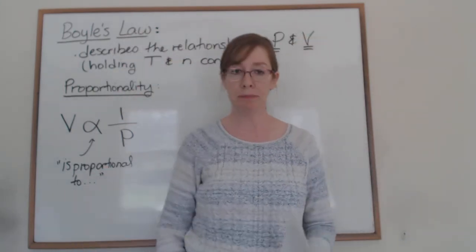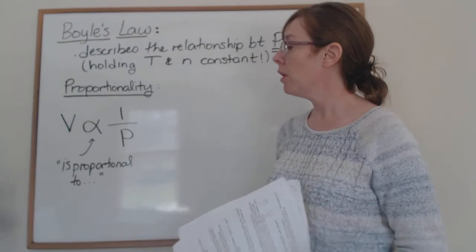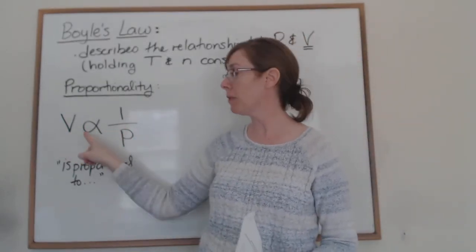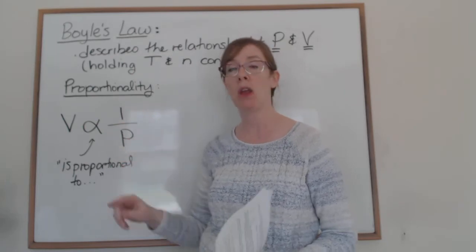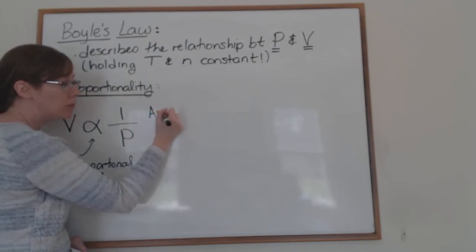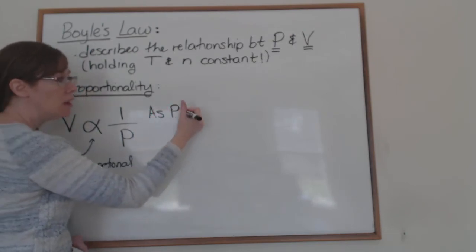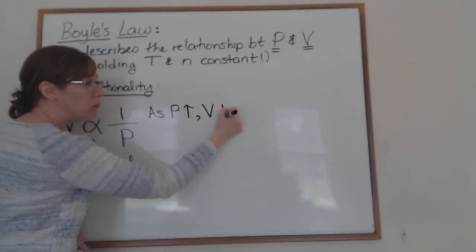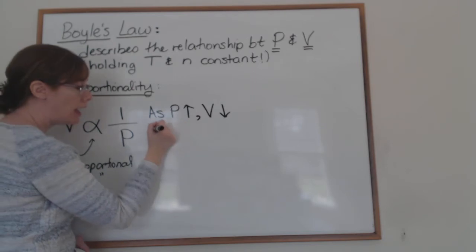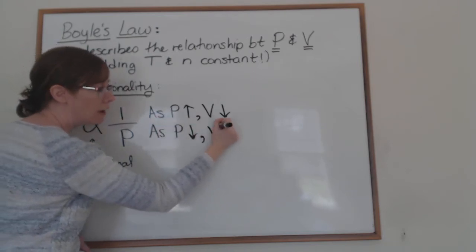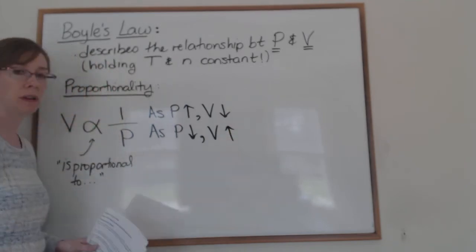So when you see a proportionality presented like this, volume is proportional to 1 over P. What that means, and I'll first give you the conclusion and then describe it, is that as pressure increases, volume will decrease. And as pressure decreases, volume will increase.